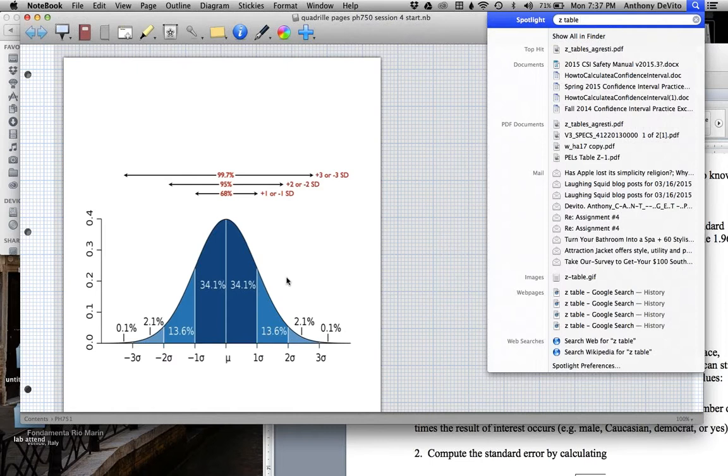If I said to you, I want to be 90% confident, what percentage of this distribution would be below the lower limit and above the upper limit? Well, there's only 10% left, right? So that would mean 5% is in the lower tail and 5% is in the higher tail.